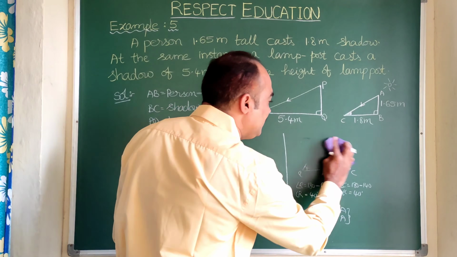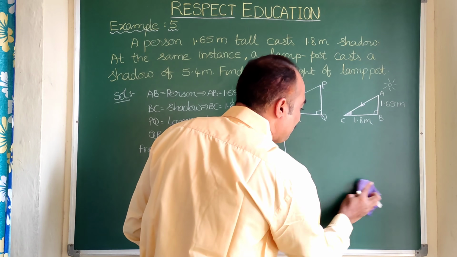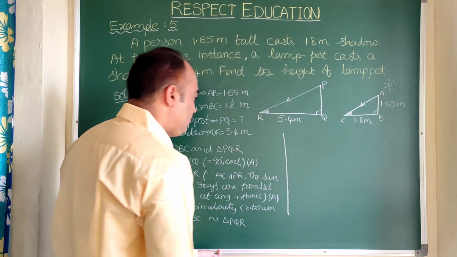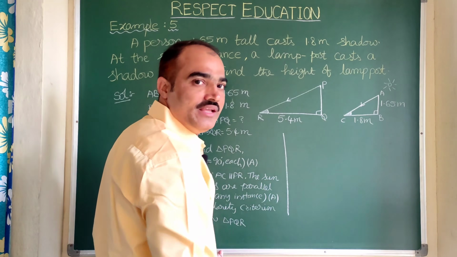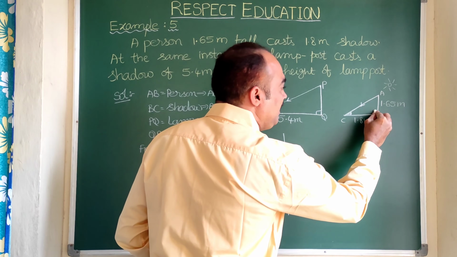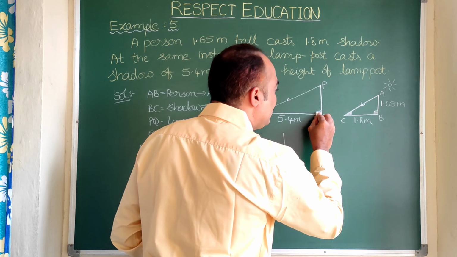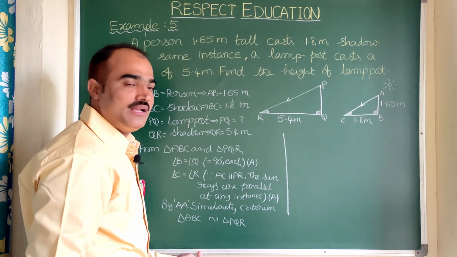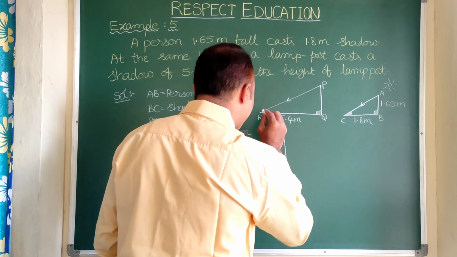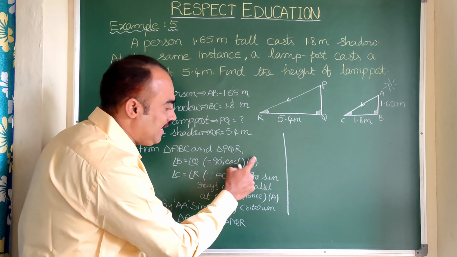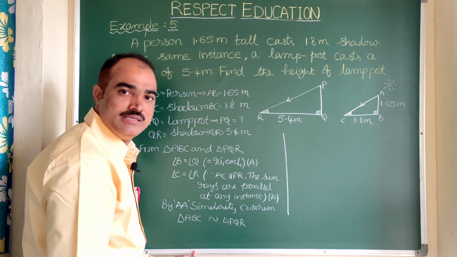So let us apply the same logic for these two triangles also. Here you observe angle B is equal to angle Q, that is one of the pairs, and angle C equal to angle R, that is the second one. So by AA similarity both the triangles are similar.